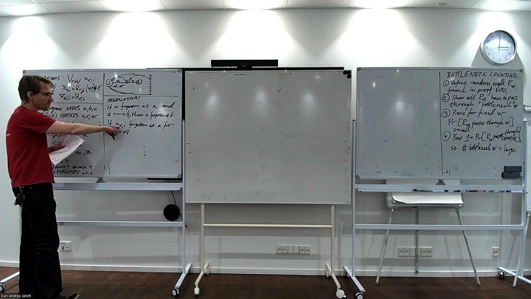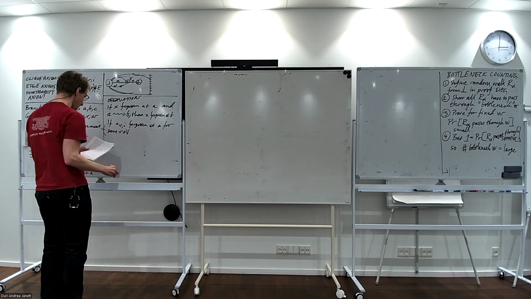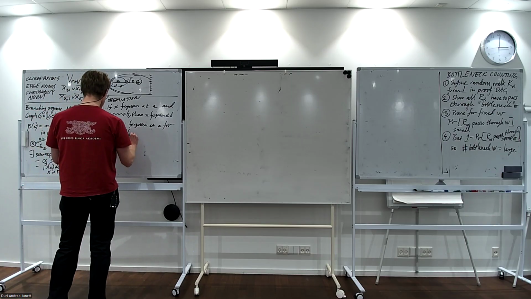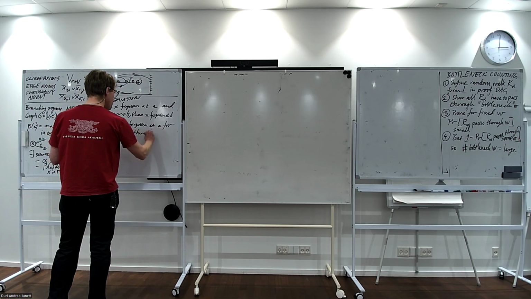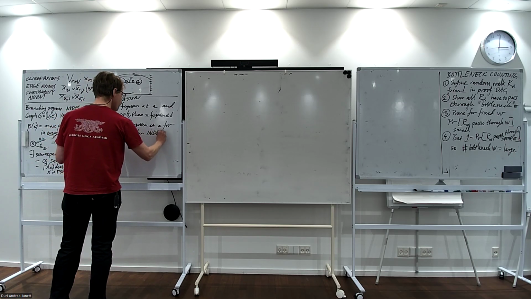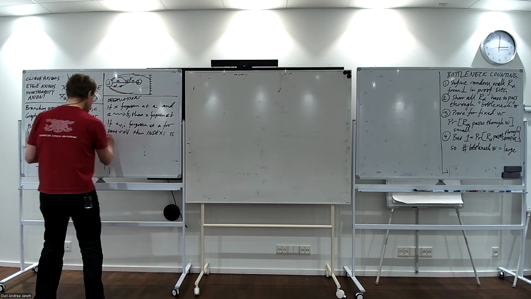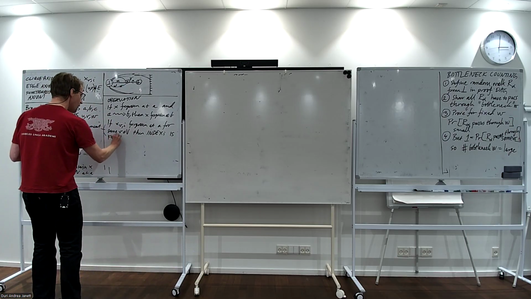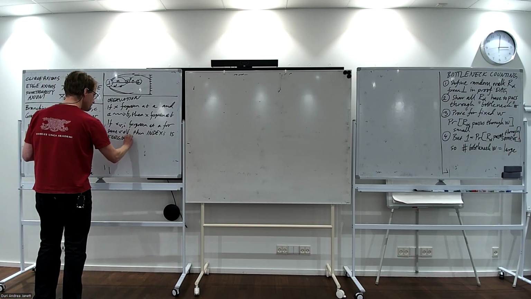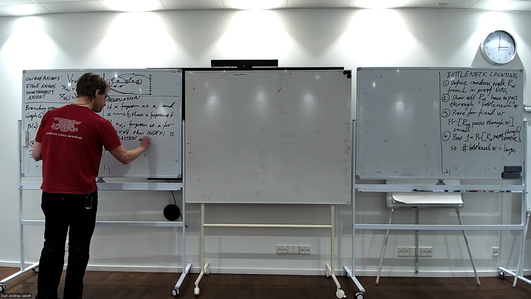If there's some vertex v such that x_{v,i} is forgotten at A, then I say that the index i is forgotten at A.